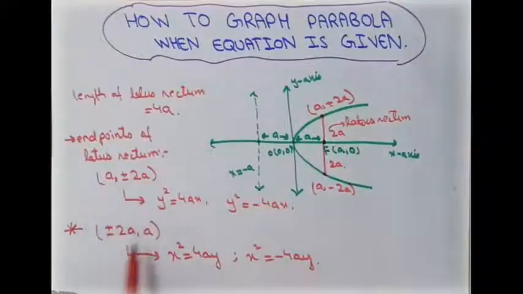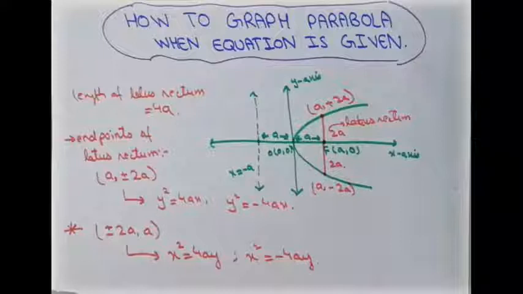We have the endpoints of the latus rectum if the equation of the parabola is in the form x square equals 4ay or x square equals minus 4ay. This is a short review of the parabola that we already discussed in a very detailed way in a previous video.